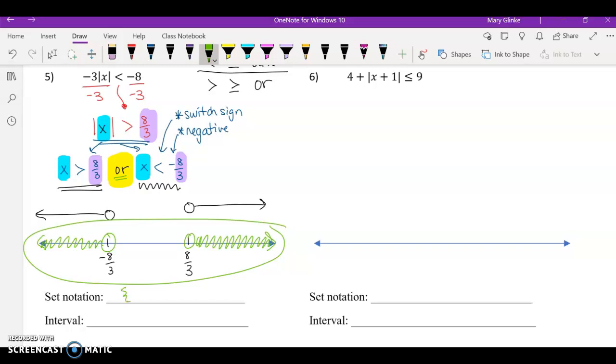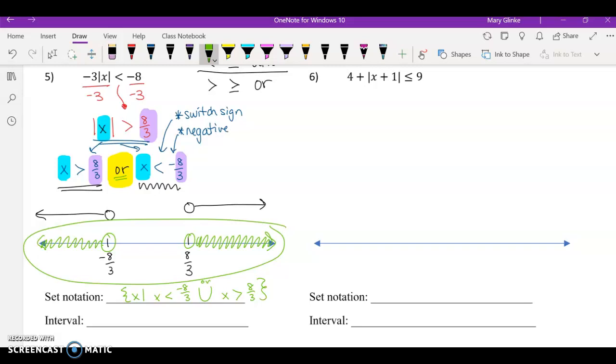So we're going to do our set bracket, x such that. If there are two parts here, you have to write it as two parts in your answer. So x is less than negative 8/3, or, and you can write the big union symbol or the word or, x is bigger than 8/3.